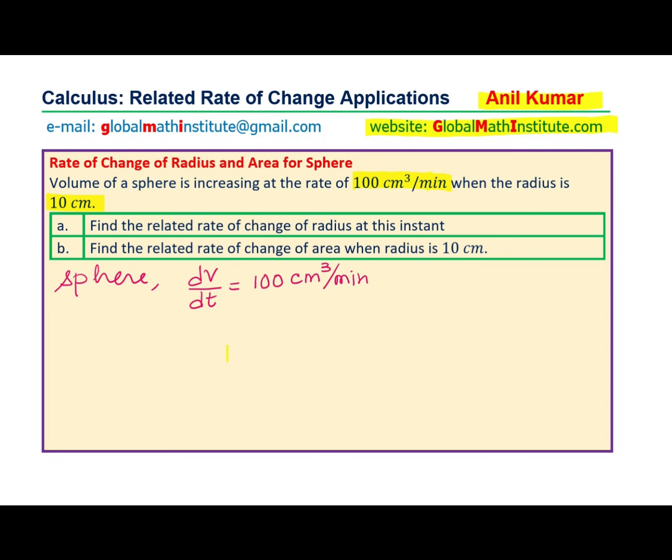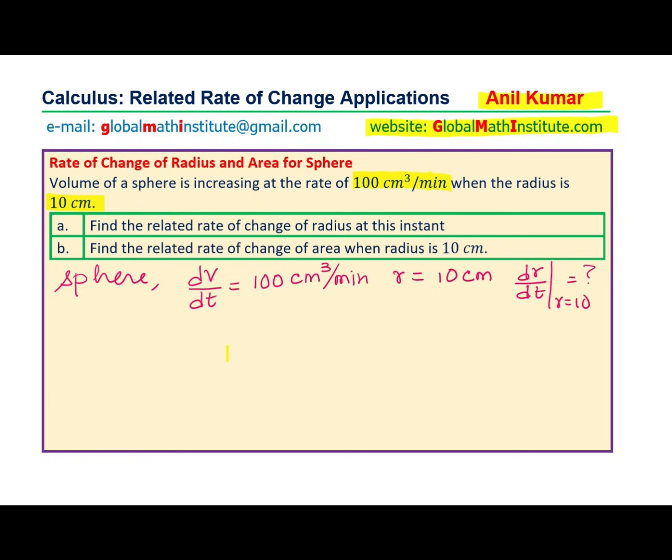The instant at which we want to work is when the radius is equal to 10 centimeters. And we need to find related rate of change of radius at this instant, means dr/dt, basically at r equals 10. This is what we need to figure out.